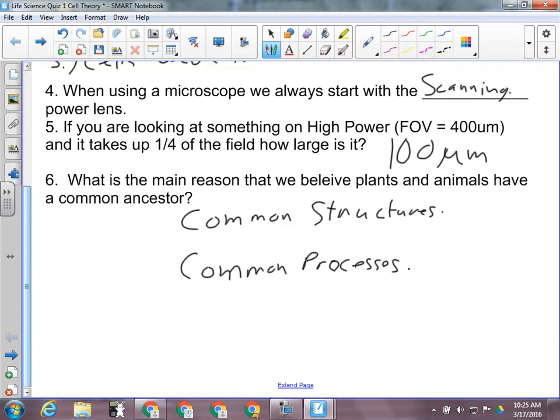Okay, and hopefully they mentioned a few of those too. They didn't necessarily have to, as long as they have something there about common structures and common processes. If they listed processes, then they were understanding that there were processes in common. Number 6 is going to be out of 2. 1 for something about common structures and 1 for something about common processes. Functions is processes. Yep.